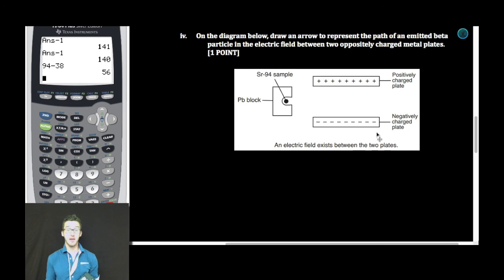What path would that beta particle take? Well, you have to remember that beta particles are essentially electrons. They have a negative charge. And so beta particles, or negative charges, are going to be repelled from like charges or other negatively charged things and attracted to positively charged things. So if I were to draw the path of a beta particle, I would draw it repelled from the negatively charged plate and attracted to the positively charged plate. Free response, done.